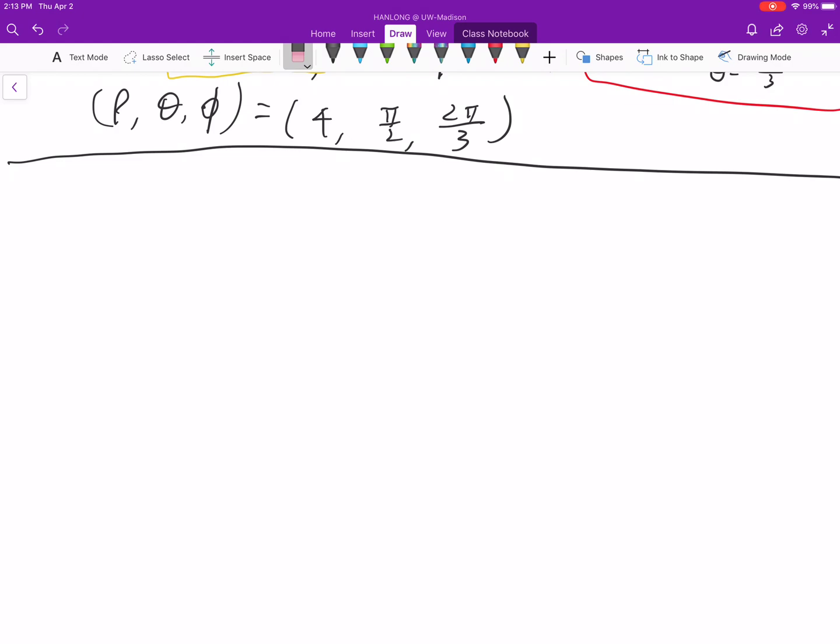So how do we determine the factor, what is it in this case? What is the factor in the transformation law?